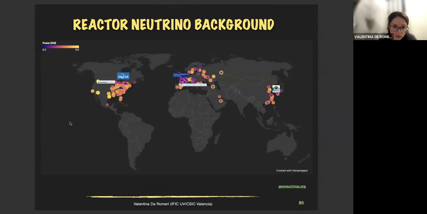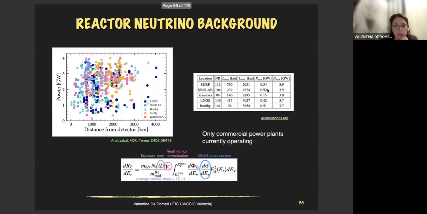So this map shows all the nuclear reactors that are located within thousands of kilometers from 5 big laboratories that could host one of the next xenon detectors. And so we wanted to estimate what is the expected background from reactor neutrinos that could affect dark matter detection experiments if located in one of these 5 sites.